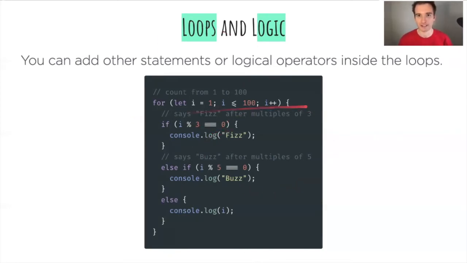So again, we have this loop set up that's basically iterating, running this code for the numbers 1 to 100. We're initializing I to 1, so it starts at 1. As long as I is less than or equal to 100, we're going to keep running the loop. And every time we run the loop, we're going to add 1 to this I variable.